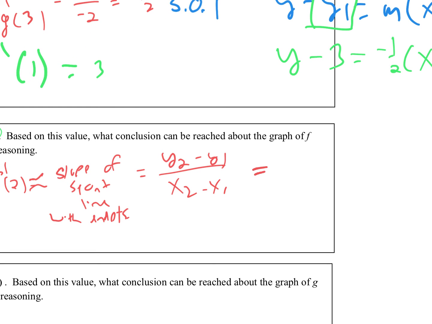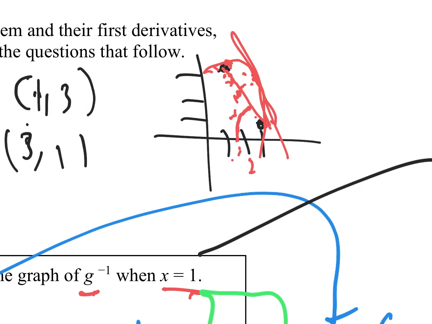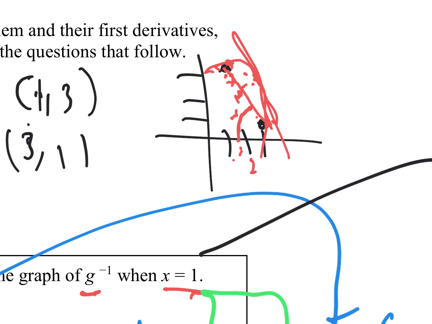What is one of the y's that I circled? 1. What's the other y? 3. Over, what's the x that goes with the 1? 3. What's the other x? 1. So you're telling me it's a negative 2 over 2, or a negative 1. Yeah. Does that little line that I draw look like it could have a slope of a negative 1? Absolutely.